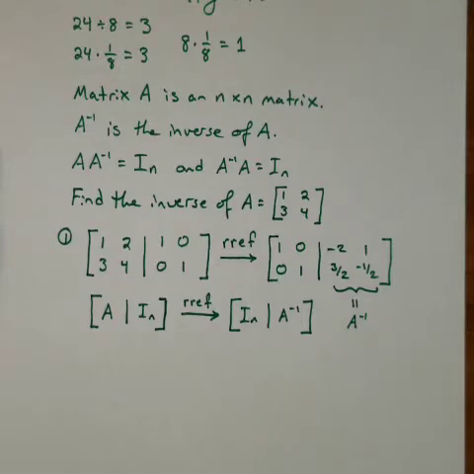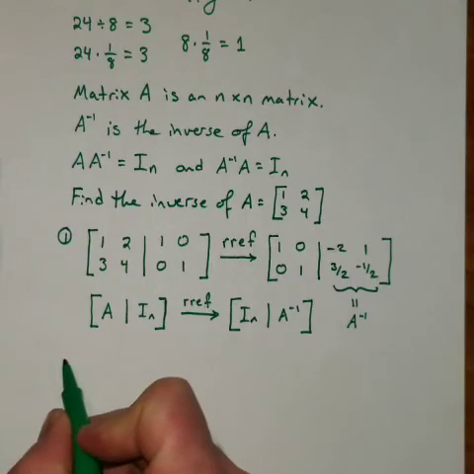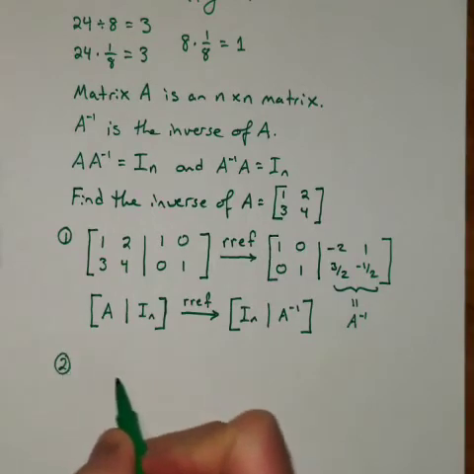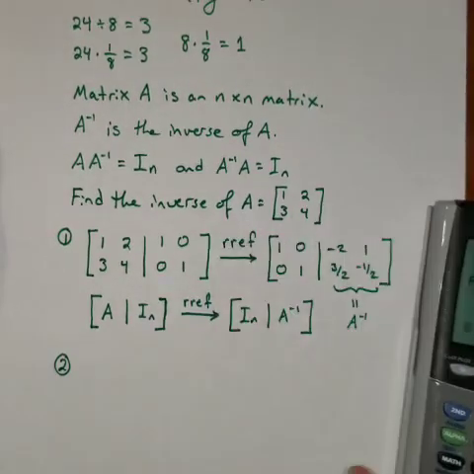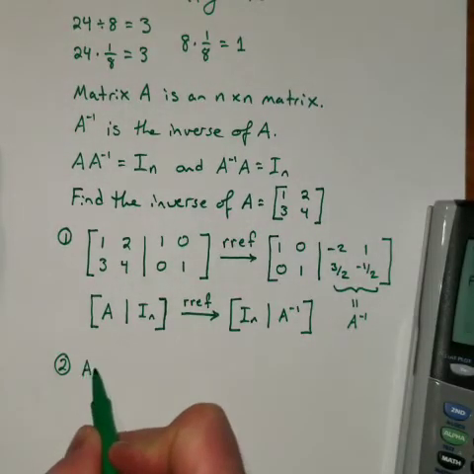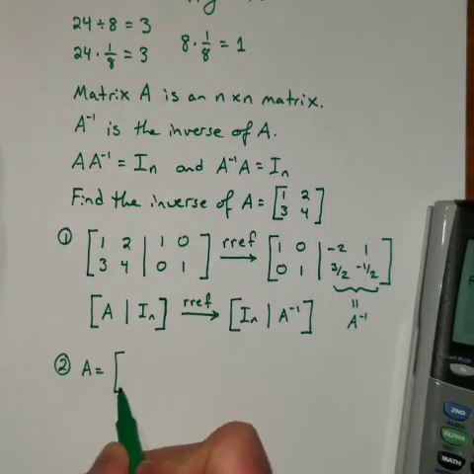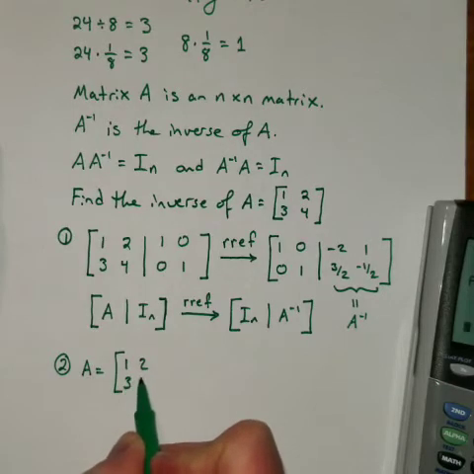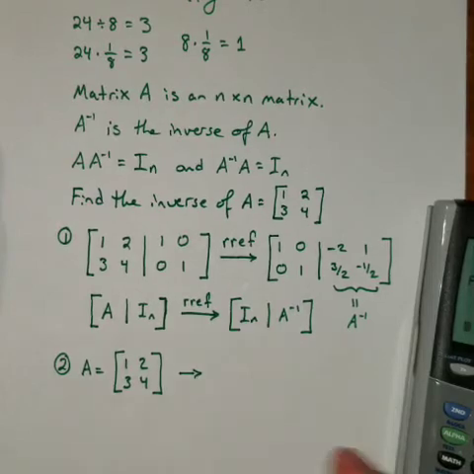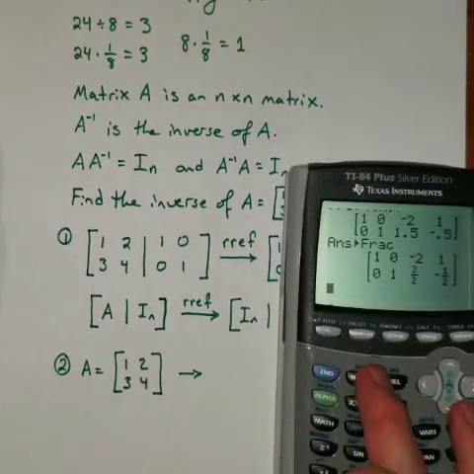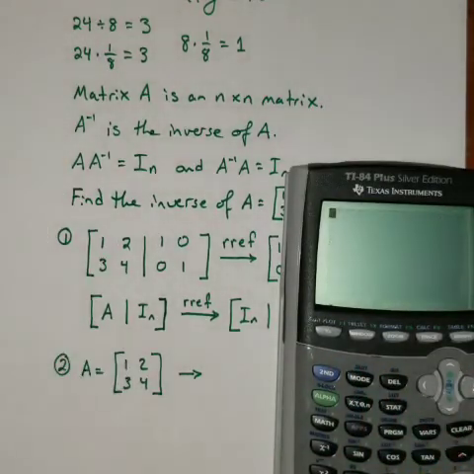Another method is to go to your calculator once again. This time you're going to type in the matrix 1, 2, 3, 4. And then on your calculator, let's get that typed in anyway.